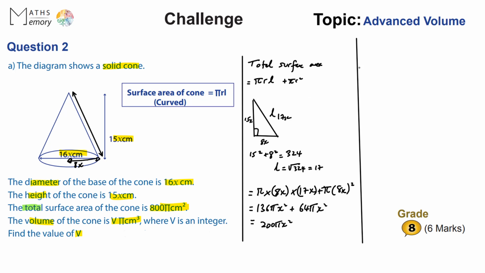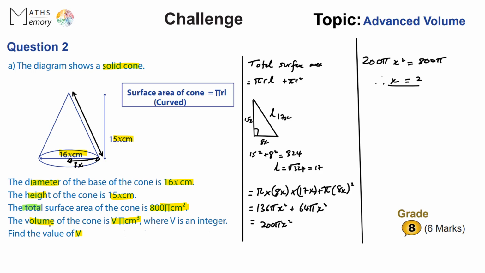So 200 pi x squared has got to equal what it says in the question, 800 pi, because 800 pi is the total surface area they're telling you. Hence, what has x got to be? 200 pi times 4 gives you 800 pi. Therefore, x has got to be 2, because 2 squared is 4. Therefore, x equals 2.